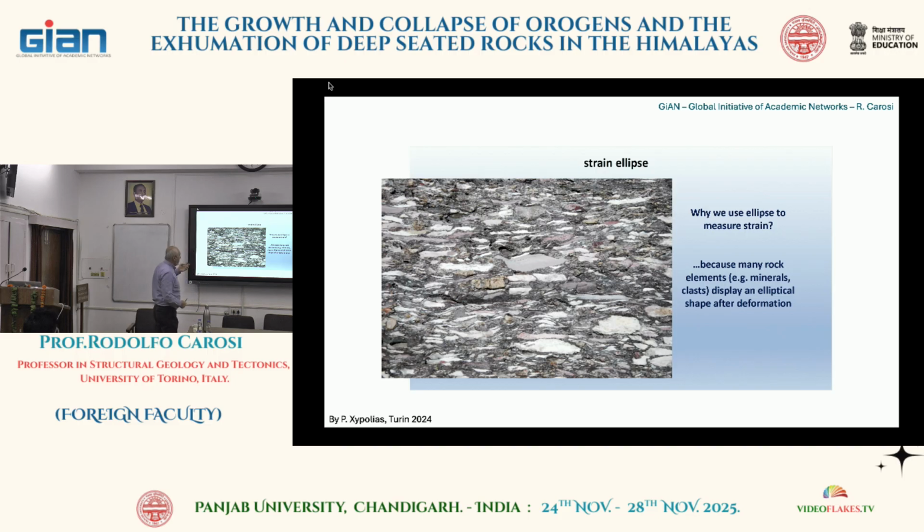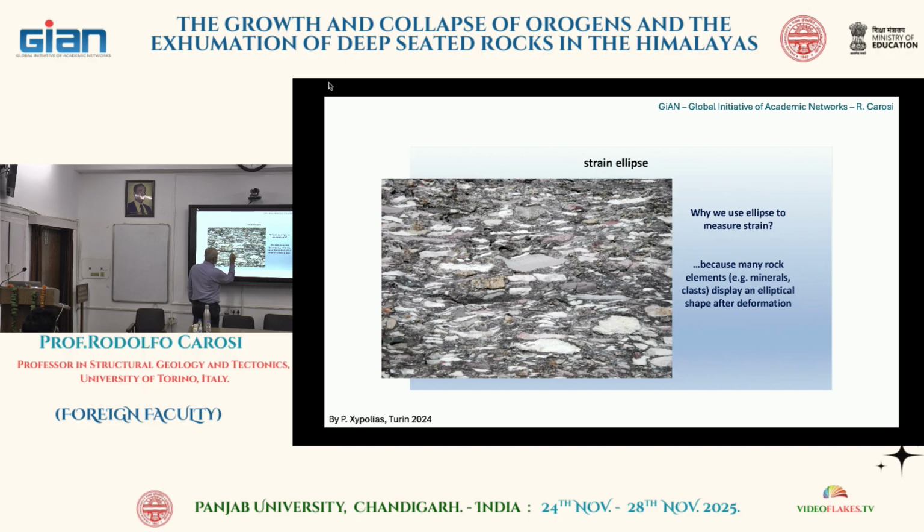And why do we use an ellipse to take information on the strain? Because many rock elements, minerals, and clasts display an elliptical shape after deformation, or a shape very close to an elliptical one. In this case they are not truly elliptic.